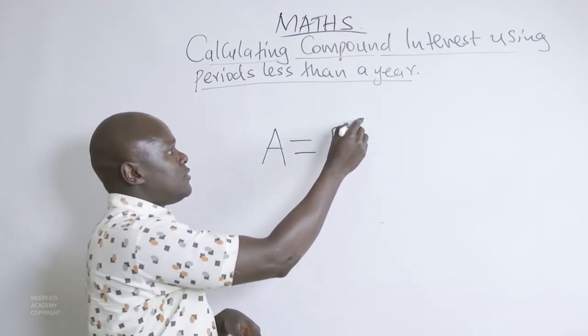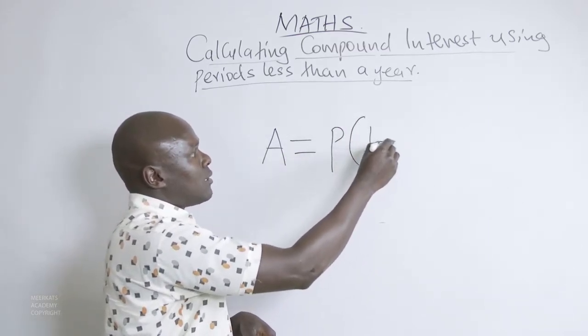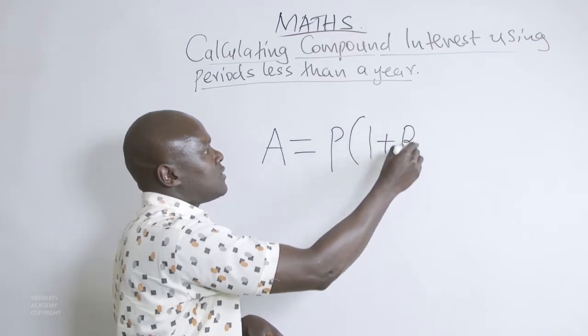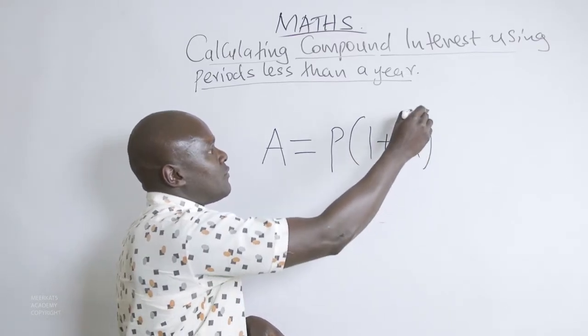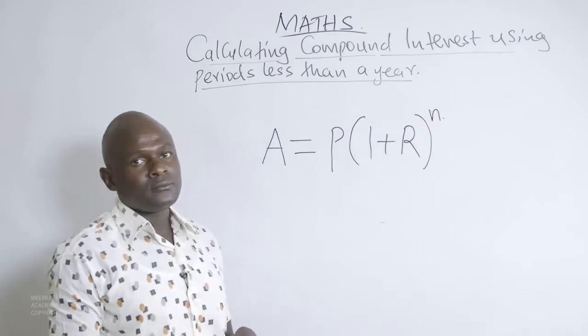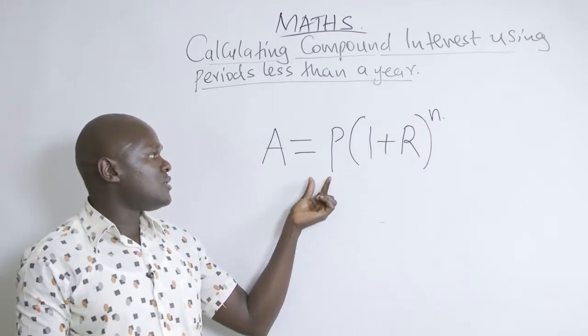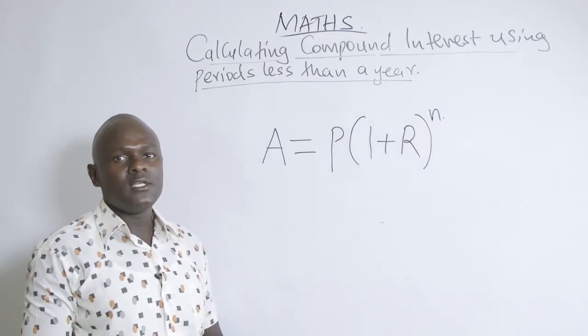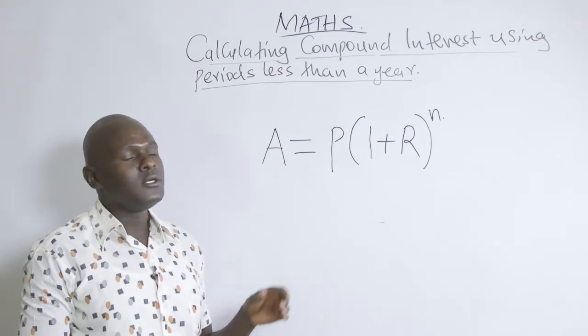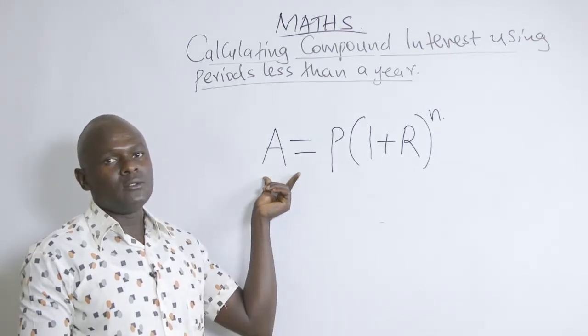Amount is equal to the principal into the brackets 1 plus the rate. Everything is raised to power n. And in this formula, we said that at the end of a given period, this is how we get the amount.